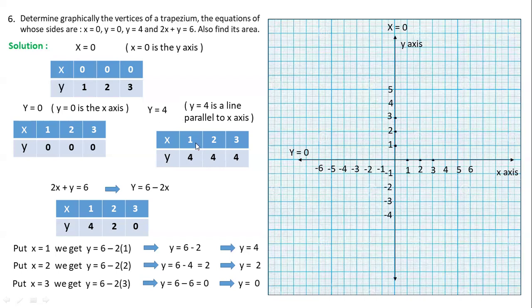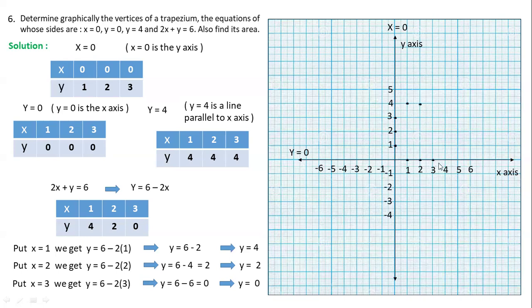Now, this one, x is 1, y is 4. Y is equal to 4 is a line parallel to the x-axis. This is the x-axis. It should be parallel to this, isn't it? So let us see where this line is. X is 1, y is 4. It should be here. X is 2, y is 4.